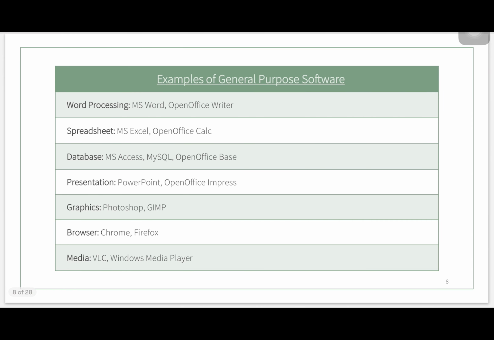See here, examples of general purpose software. They can ask you in the exam, what are the examples of word processor. That's why I have given this: MS Office, Open Office Writer; Sheet, MS Excel, Open Office Calc; Database, MS Access, MySQL, Open Office Base; Presentation, PowerPoint and Open Office Impress; Graphics, Photoshop and GIMP.